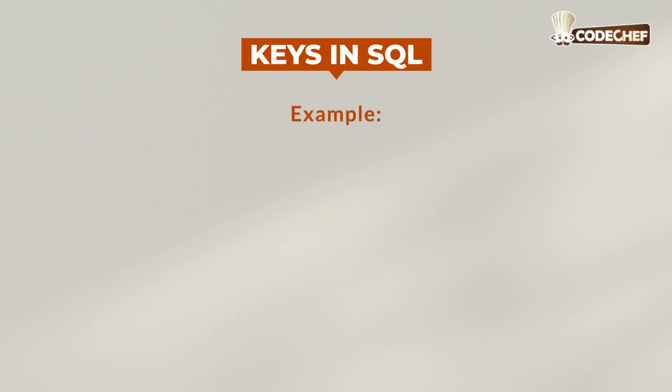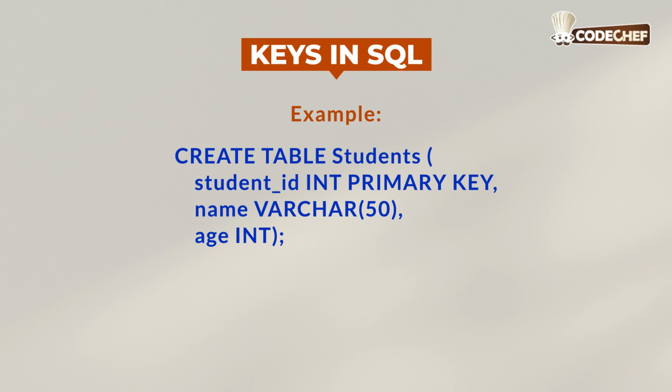Example. Now let's see how to set any column as a primary key. Create table students. So here create table is the syntax, students is the table name, bracket. Now what columns do we want in our table? Student ID. What kind of data will student ID store? Integer, so int. And then primary key, because we want to set this column student ID as primary key, comma, name varchar in bracket 50.